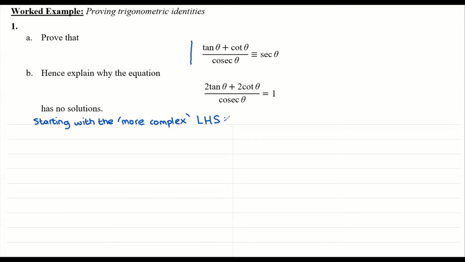Okay, now this is going to be my first piece of advice before we get started. So I'll just write, we're going to show that the left-hand side implies that the right-hand side is true.